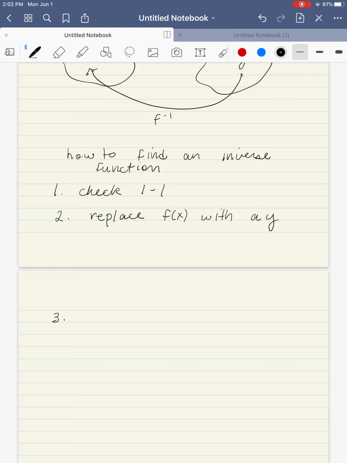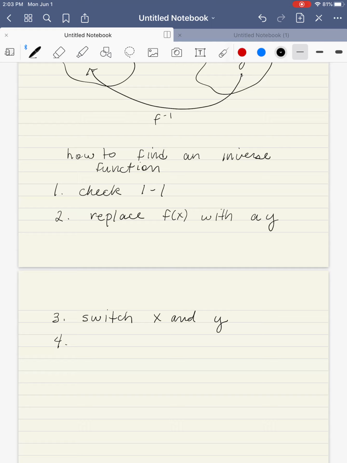My third step, and here we're going to remember what we did with those ordered pairs in our previous video. If we wanted to find an inverse function, what we literally did was switch x and y. Flip-flop the x and the y. And that's what we're going to do here to find an inverse function. You'll see what I mean by this in a minute when I do an example. Now the y in that relation is my new f inverse function.